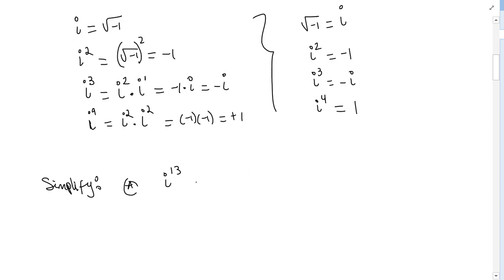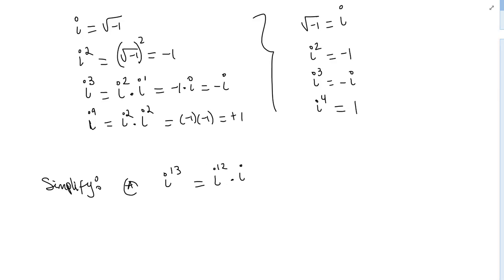Like I did with i cubed, we're going to use the properties of exponents in the backwards manner, deconstructing. So I can say this is i to the 12 times i to the first. 12 plus 1 is 13, so I still have the same expression.